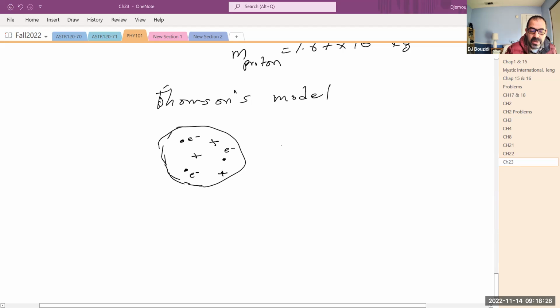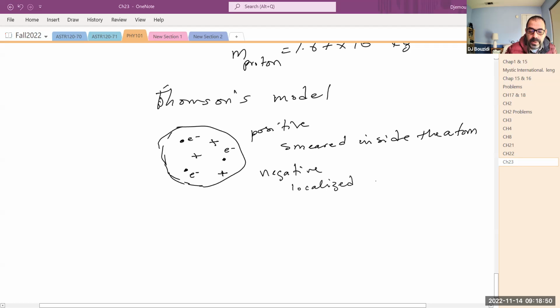But the charge he believed is smeared in the atom. So the positive charge is smeared inside the atom, whereas the negative charge is localized in electrons.